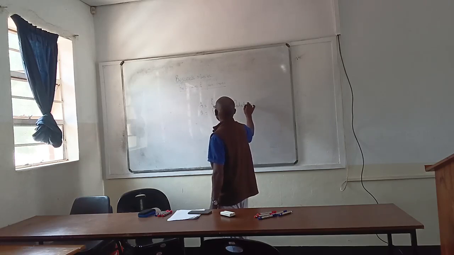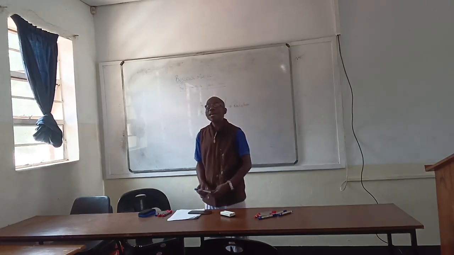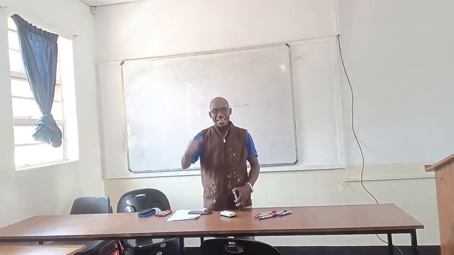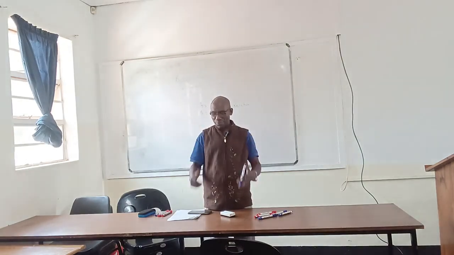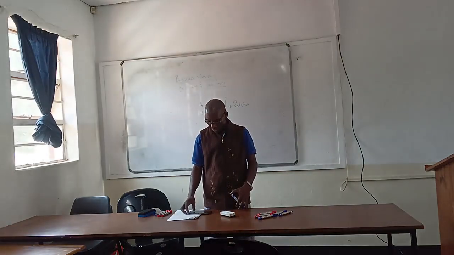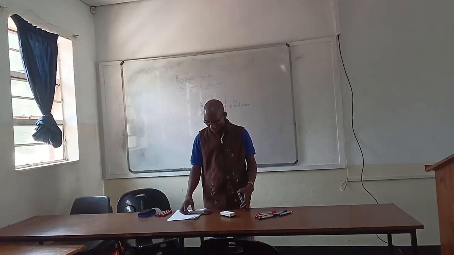Relation is coming in because you are comparing two sets, set A and set B. The fact that you are comparing these two sets becomes what is called relations. All right?